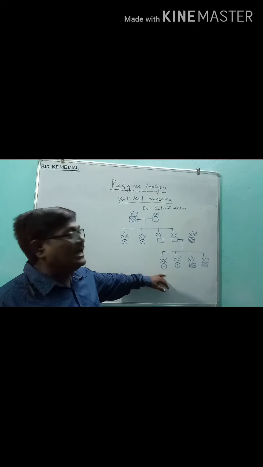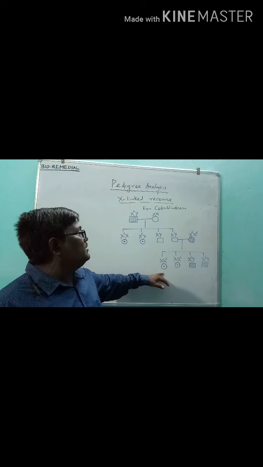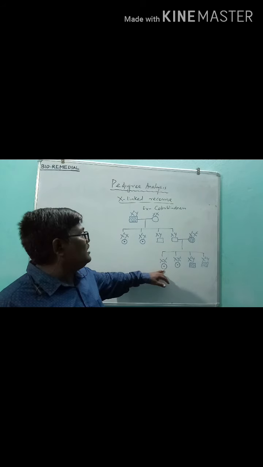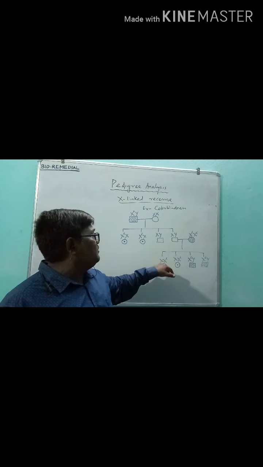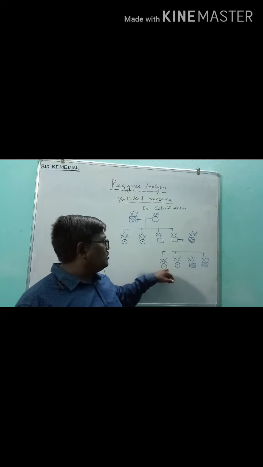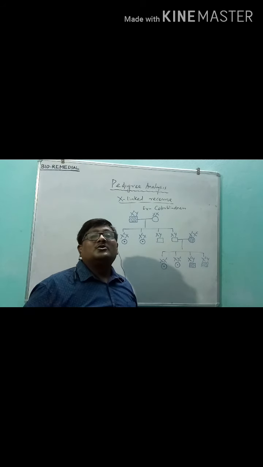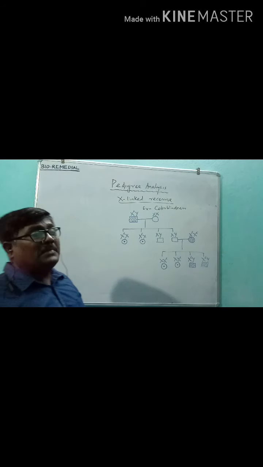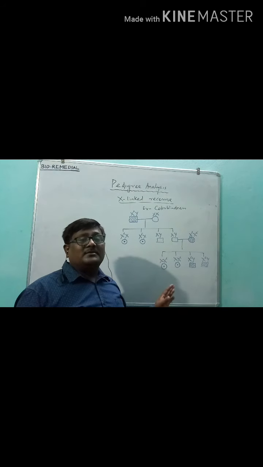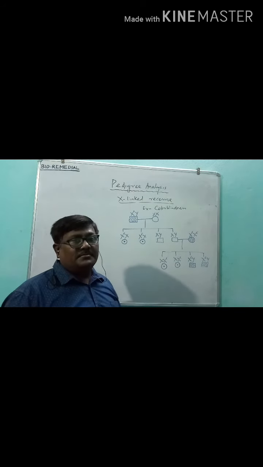The defect gene will be contributed by the mother, but the father will give a normal X. So the daughters will be carriers and the sons will be defective. This is the entire disease pattern, the pedigree pattern, of X-linked recessive.